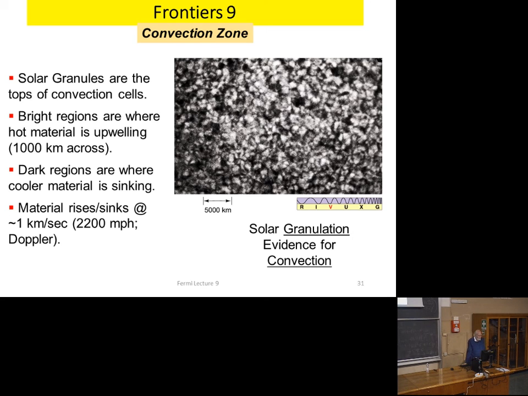The bright regions are where hot material is actually getting up to the surface, and they have a scale. They're about 1,000 kilometers across. The dark regions are where colder materials are actually sinking back into the sun, because convection works both ways.